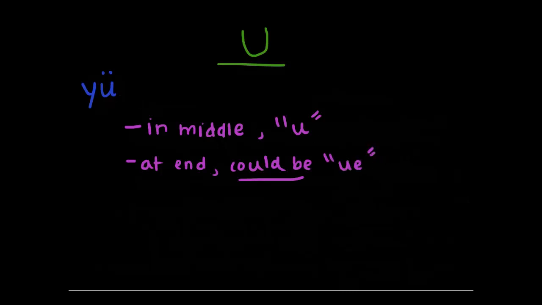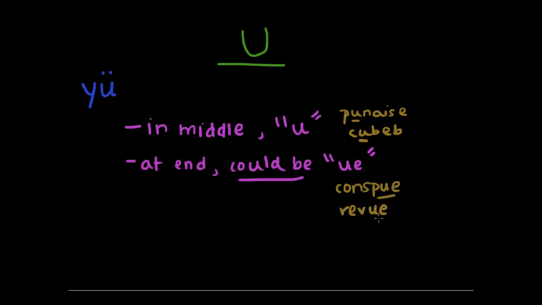Let's do example words. Okay, in the middle, U, as in punaise. That's a P. Punaise or cubeb. Keep it simple, just a U. It could be UE at the end, as in conspue or review. Conspue, review.